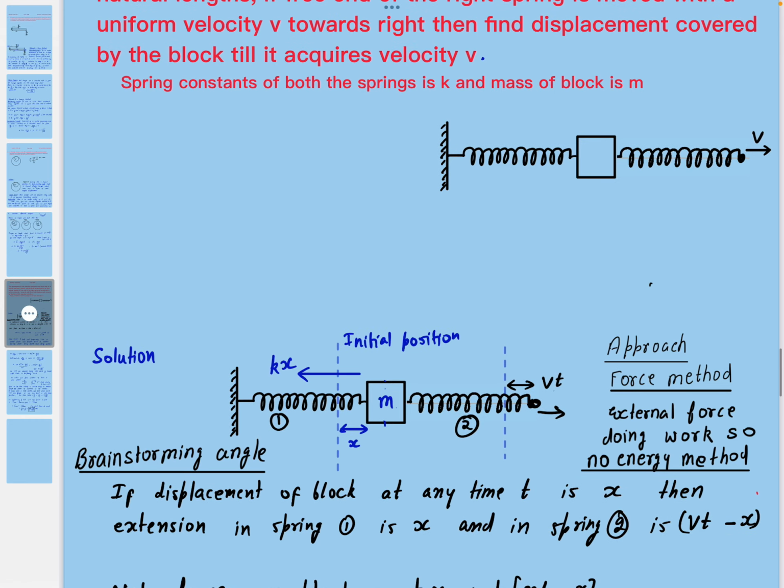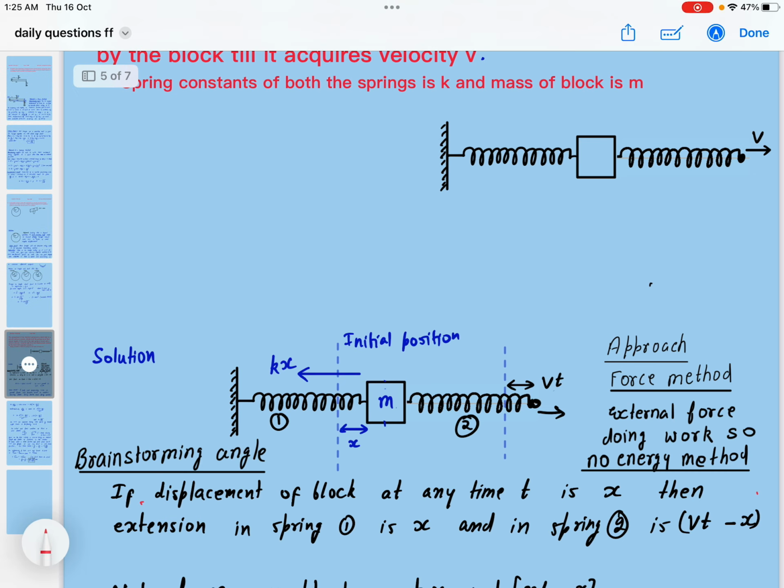Okay, so brainstorming angle. Now see what I have written, all those quantities. x is the displacement of mass m at any instant. It means the extension in spring 1 is also x.